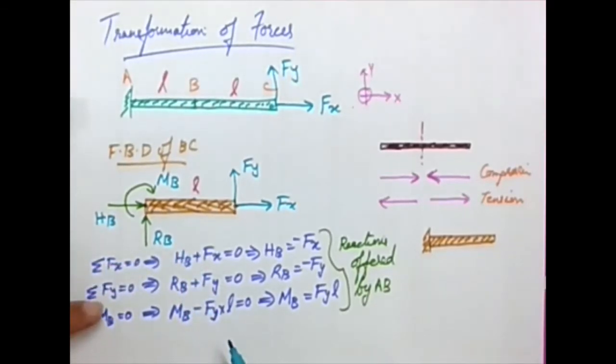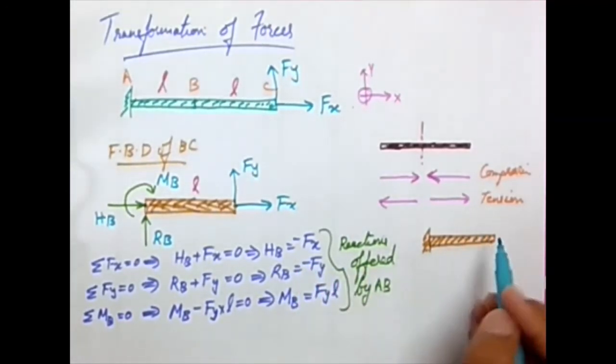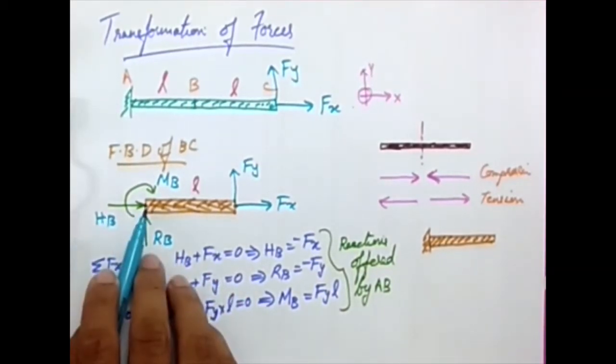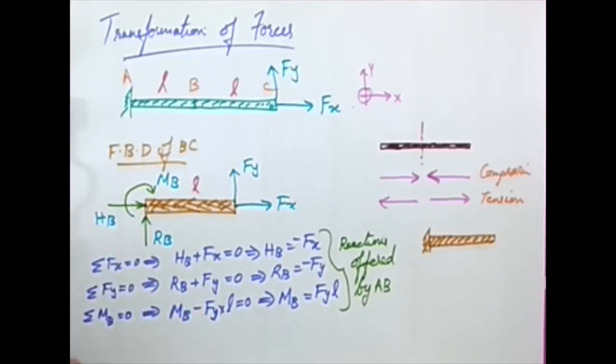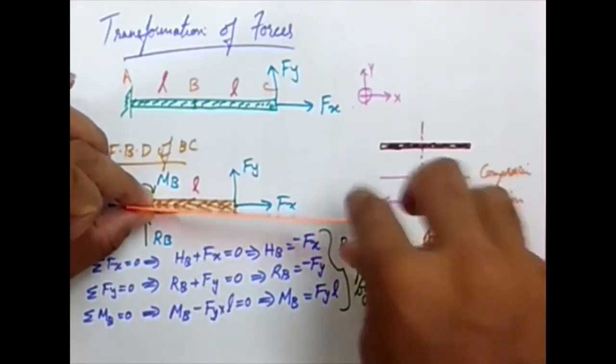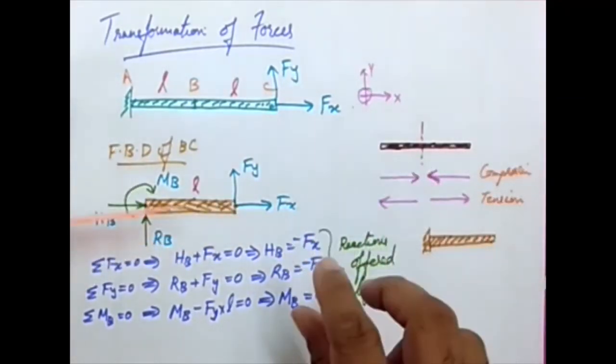These are the reactions. So actions will be, from Newton's third law, we know that every action has an equal and opposite reaction, right? So here you can see the reaction at this point is to the right, minus Fx, which means it is basically Fx to the left. Okay, I'm taking this point. So if I pull this here, it is going to have a reaction in this direction.